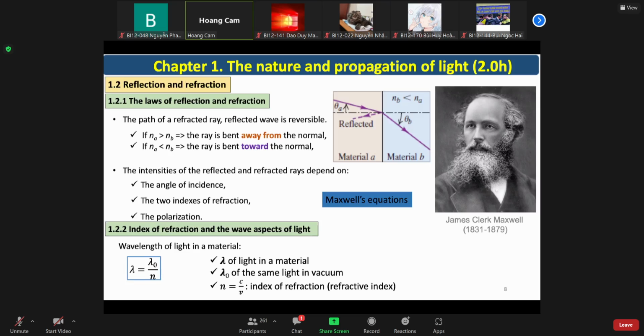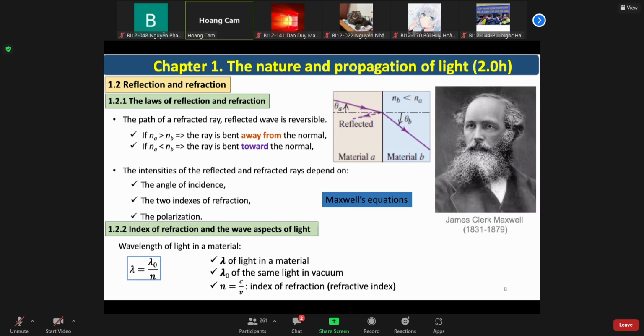So the period is defined by that, and the frequency is the number of oscillations in 1 unit time, or in 1 second. So that's the relationship with frequency. Sometimes I will write in a different order, but we get wavelength equal to velocity multiplied by period T, or equal to velocity divided by frequency.